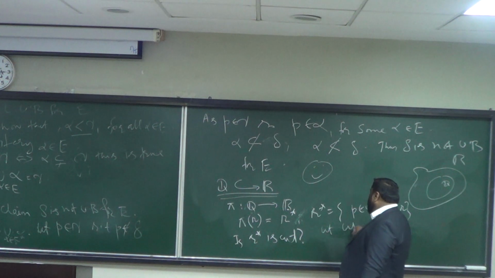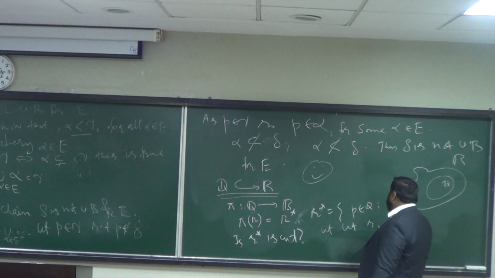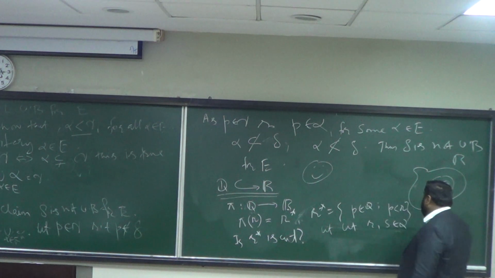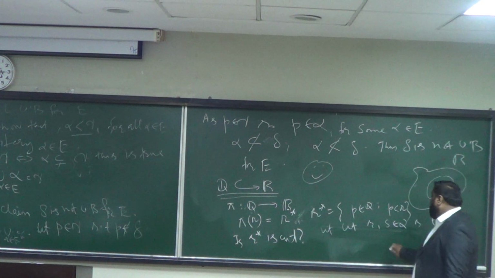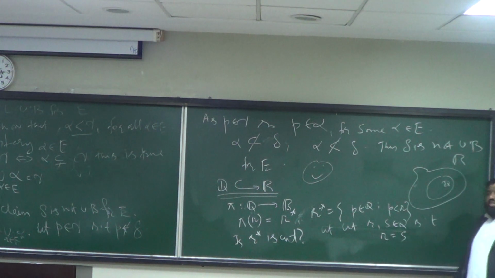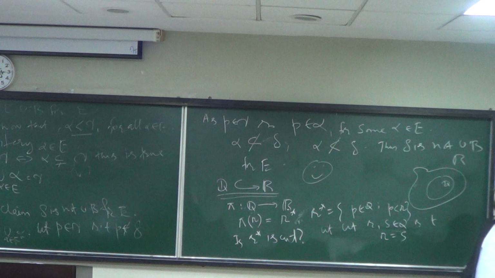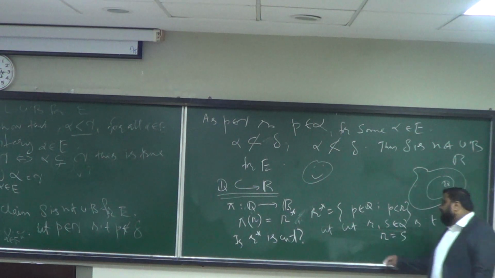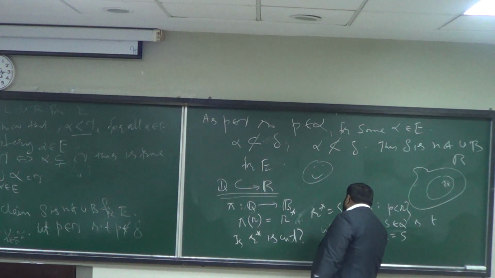image. So you need to take that, let R and S be two points in Q such that R is equal to S. So why do you think that their corresponding cuts must be equal? So what would be the cut corresponding to R?